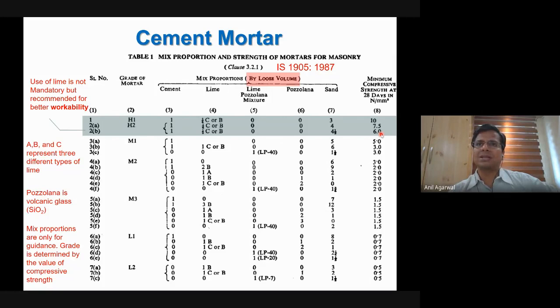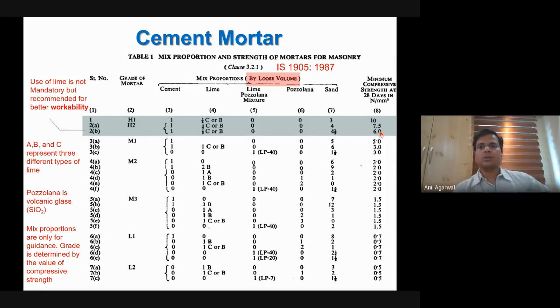After you mix cement and water, for a couple of hours it does not even harden. After maybe 4 or 5 hours, it becomes hard and maintains its shape, but still it is very weak. After 24 hours, it is still very weak. At 7 days, maybe it attains approximately 60 to 70% of its full strength. 28 days is generally a standard duration after which we test cement-based materials.